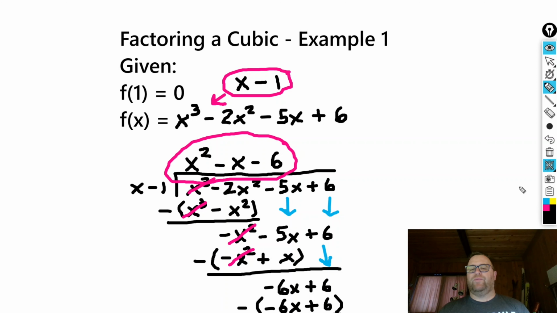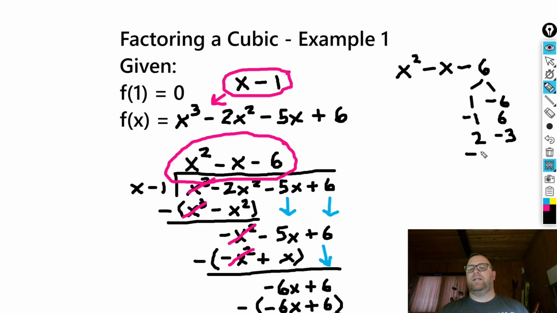So we've got x squared minus x minus 6. Now this is an easy one to factor because a, the number in front of x squared, is 1. So we're just going to list the factors of negative 6, which are 1 and negative 6, negative 1 and positive 6, 2 and negative 3, and negative 2 and positive 3.